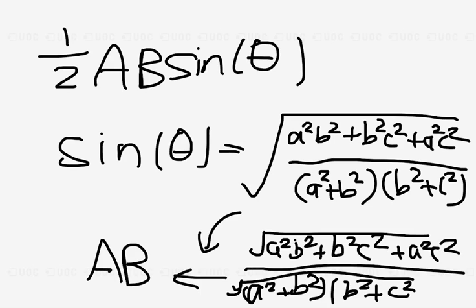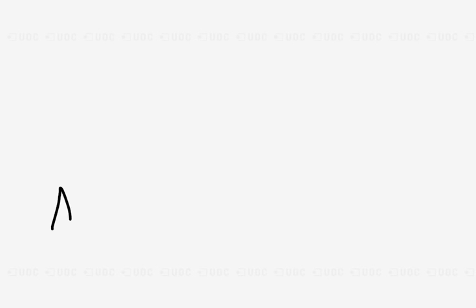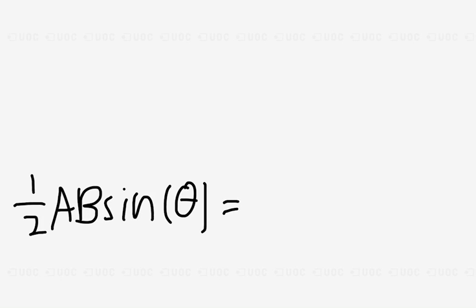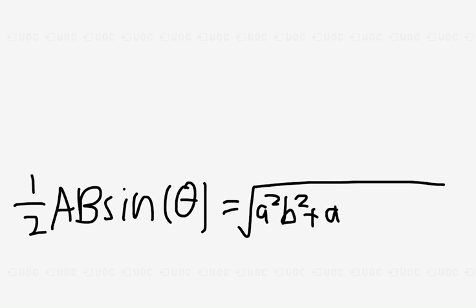So we can multiply by AB on both sides, and by half as well. Half AB sine theta is equal to the square root of A squared B squared plus A squared C squared plus B squared C squared.